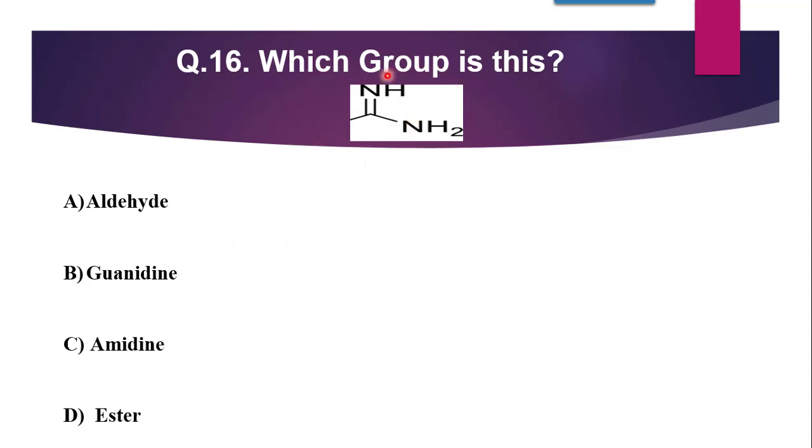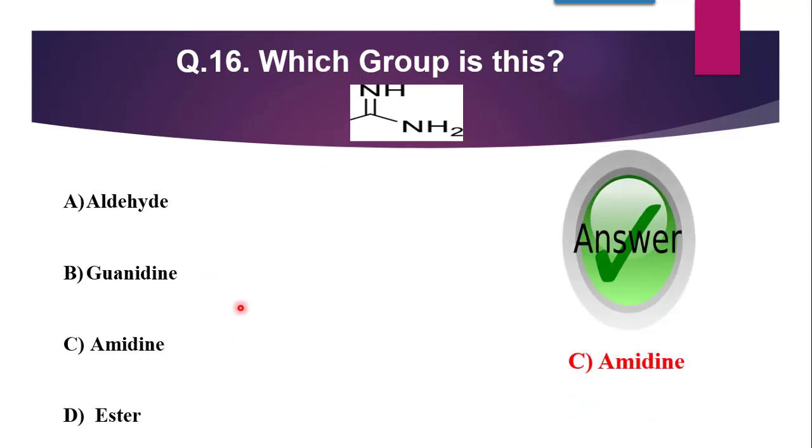You can have this as a substituent in the structure of the sulfonamide called sulfaguanidine. So the answer is amidine. Guanidine definitely it is not there, because guanidine contains here again NH2. So the answer is amidine.